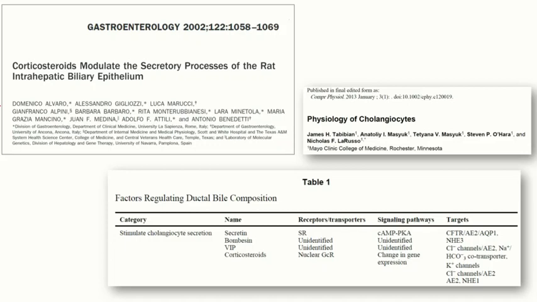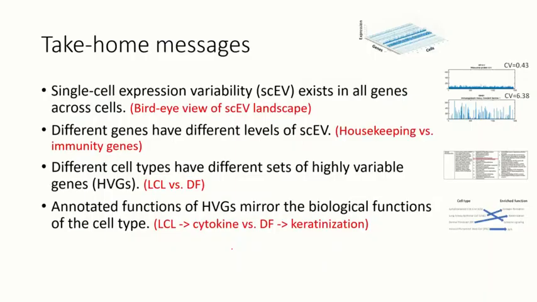And yeah, so those are the review paper to talk about the epithelium cell in bile duct and the physiology of the cholangiocytes. Okay, that's including the stimulate the secretion of steroids. So it starts to make sense to us.